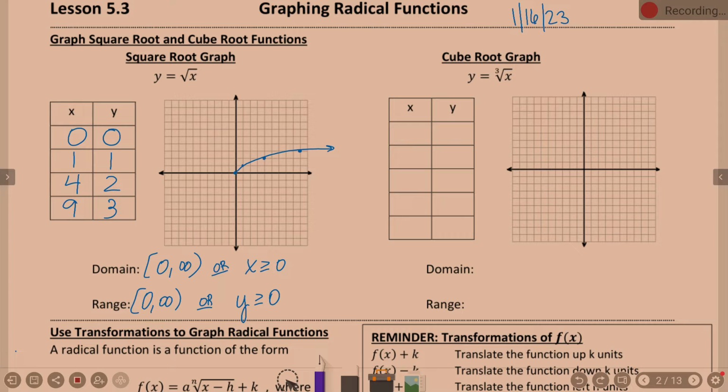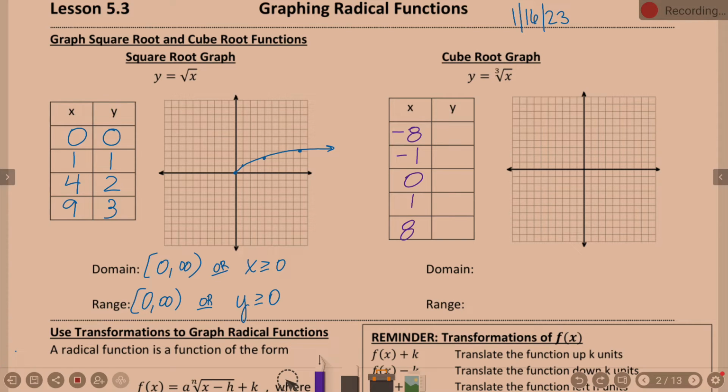Some x's you might want to throw in here: 0, -8, -1, and then +1 and +8.